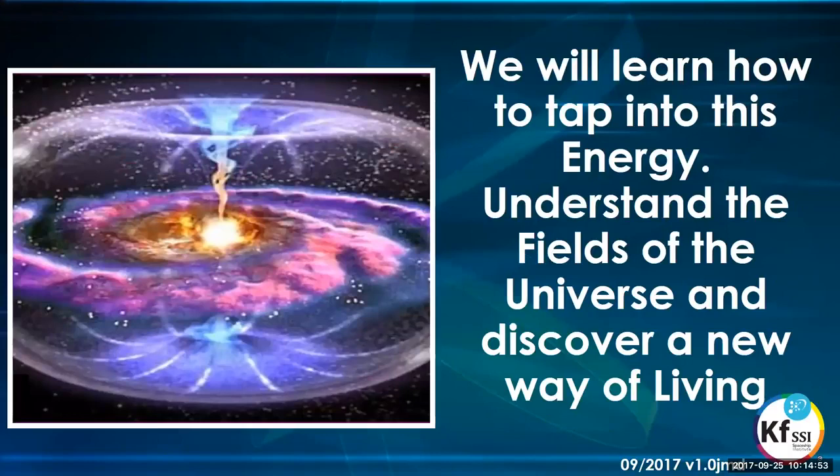So we will learn how to tap into this energy and understand the fields of the universe. And in so doing, we will then discover a new way of living on this planet and beyond.